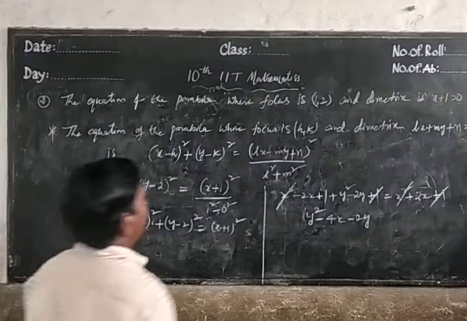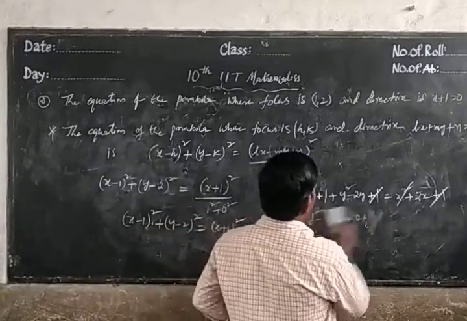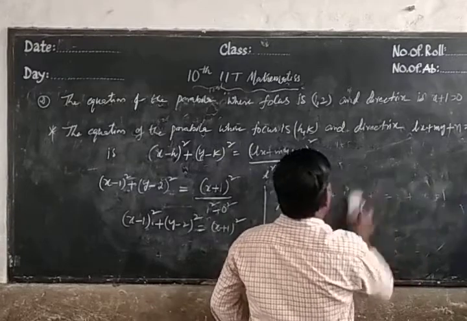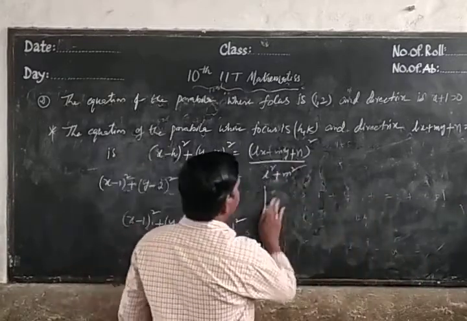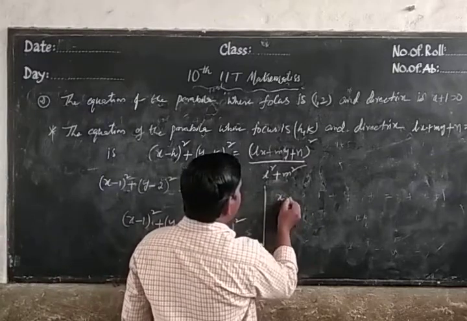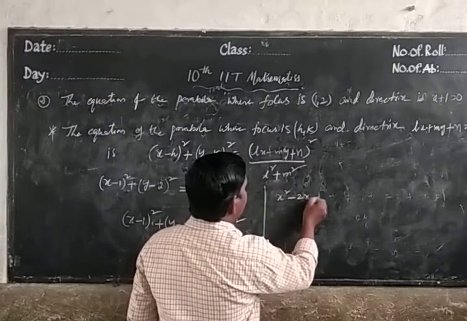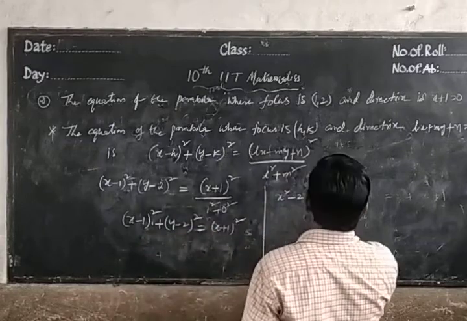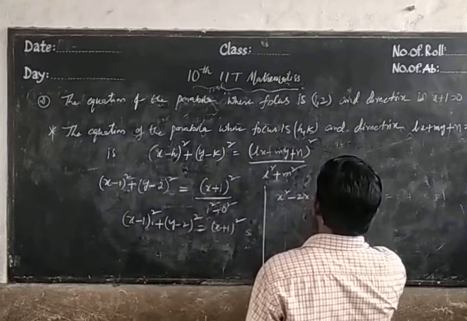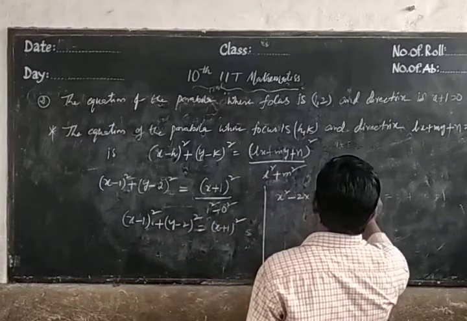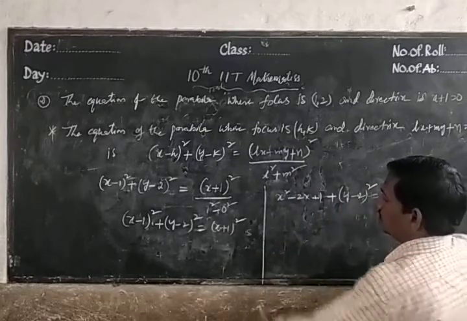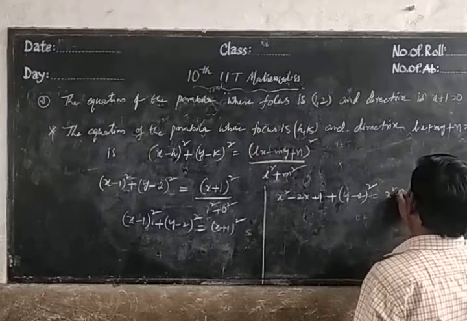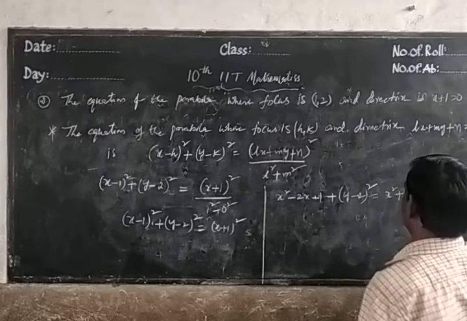You can write directly, otherwise, not expanded: x square minus 2x plus 1 plus (y minus 2) whole square equal to x square plus 2x plus 1.